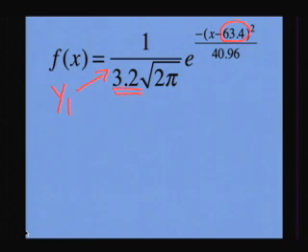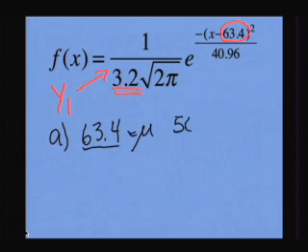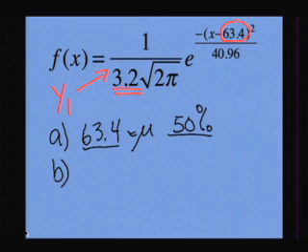Because then, in order to do this problem, we can use the nInt. Now, for part A, we don't need to use nInt because they asked us how many females would be less than 63.4 inches. But that is the mean, which means we know that 50% are less than that and 50% would be taller than that. So 50% is our answer to part A. What about part B?